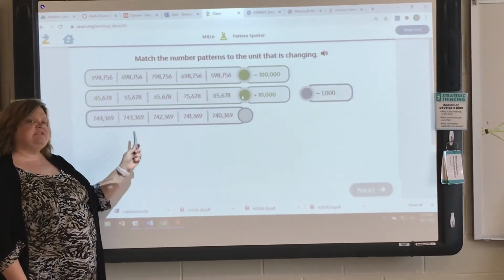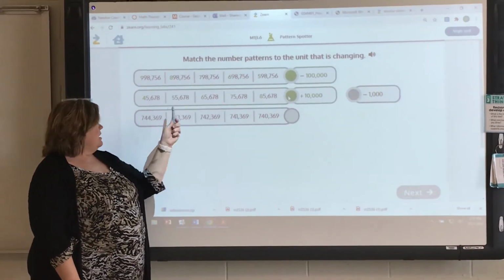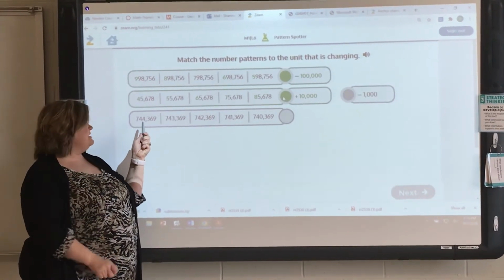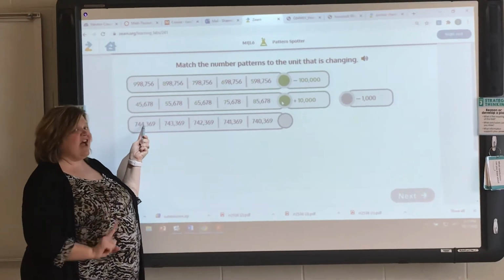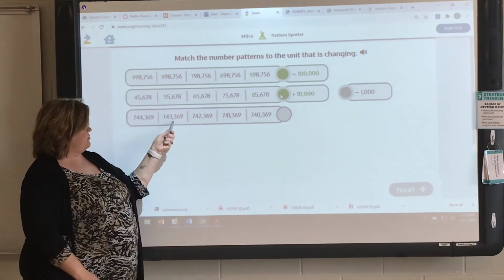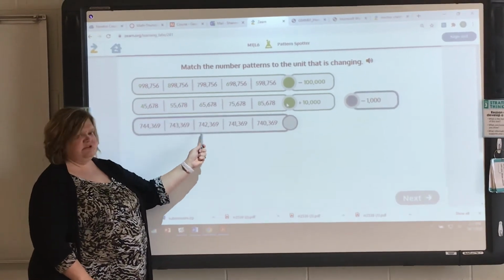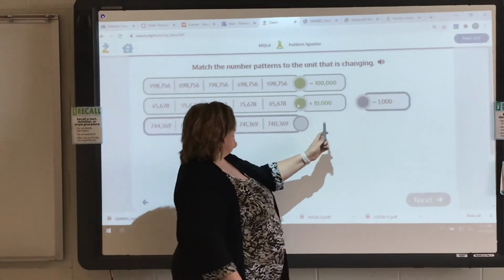Our 10,000 stays a 4, but the thousands place goes down by 1 every time. By 1,000. 4, 3, 2, 4,000, 3,000, 2,000, 1,000, 0,000.